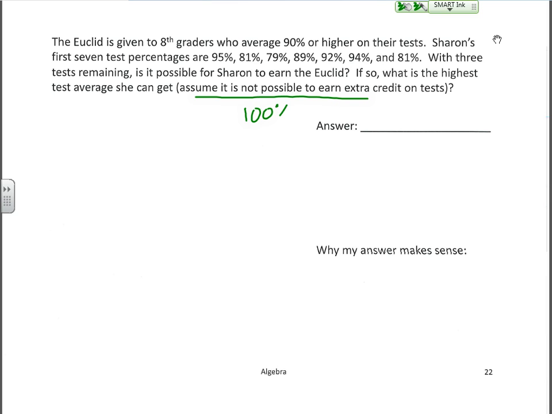So the highest score she can get on each of those 3 tests is 100%. If she maxes out, will she even get the Euclid? Will it be enough? Okay. And then whether it's possible or not, what is the highest test average that she can get with 3 tests to go, given what she's already done?